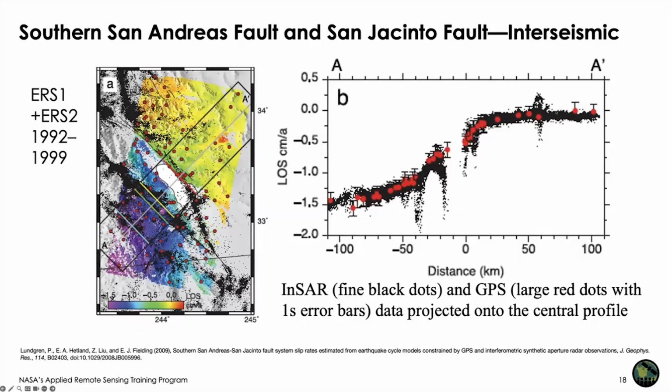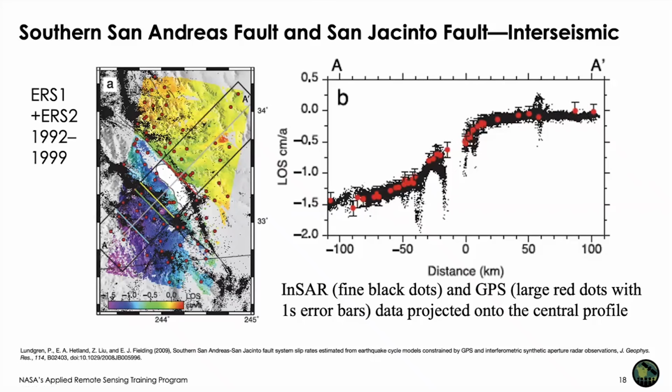Overall, over these four faults, it's a total of about 1.5 centimeters per year projected into the radar line of sight. Most of that is on the San Andreas Fault, this first part, but there's also some amount on these other faults. The red dots are GPS data from the many GPS stations in this area.